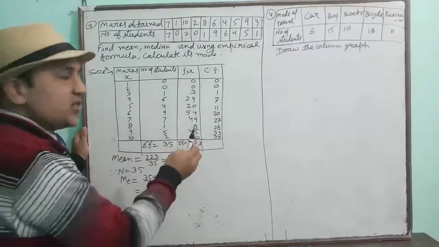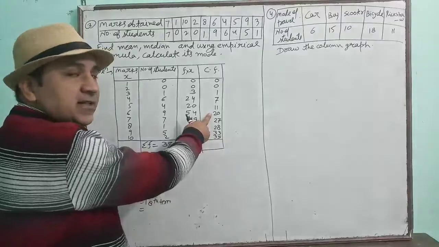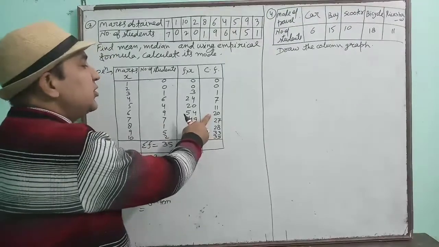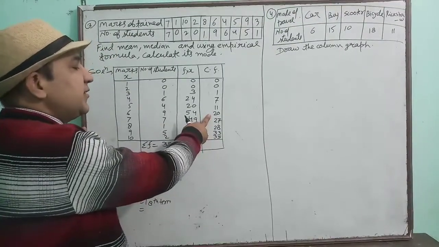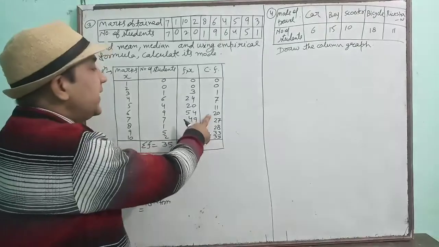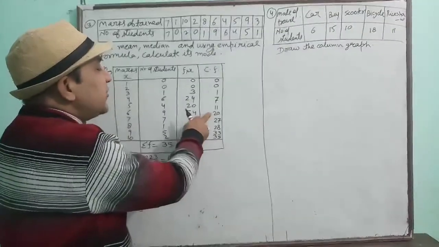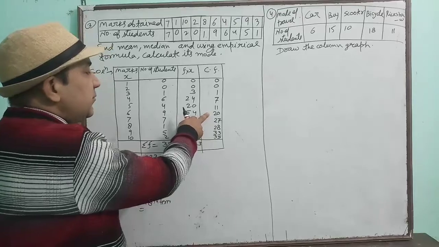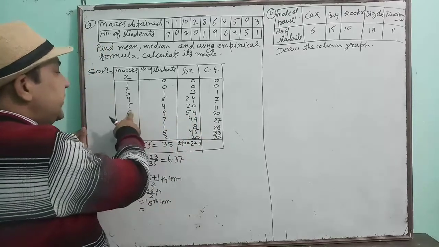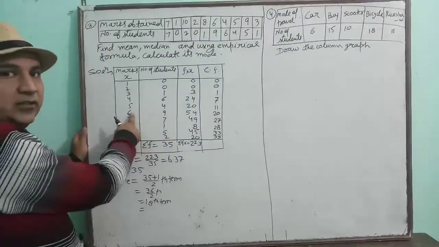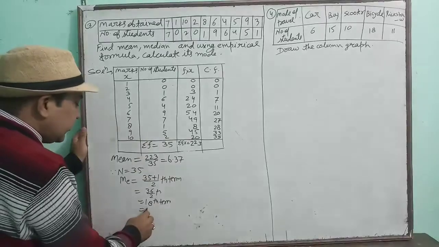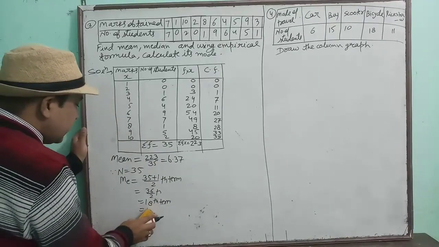You have to understand, after 11, 20 is written, it means 12, 13, 14, 15, 16, 17, 18, 19 and 20. All these terms are here. That means in front of 20, you will see the observation. This is the 18th term. That means 6.